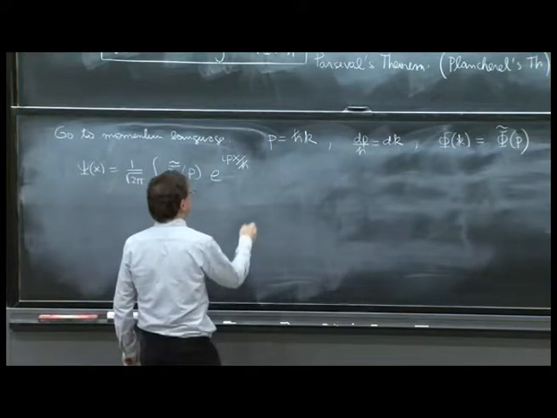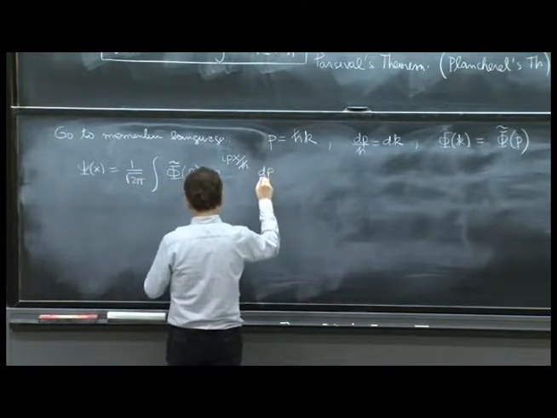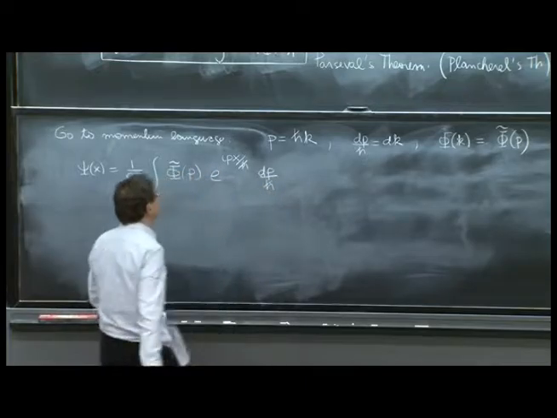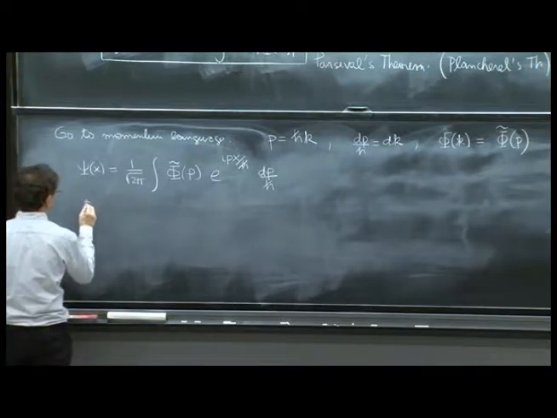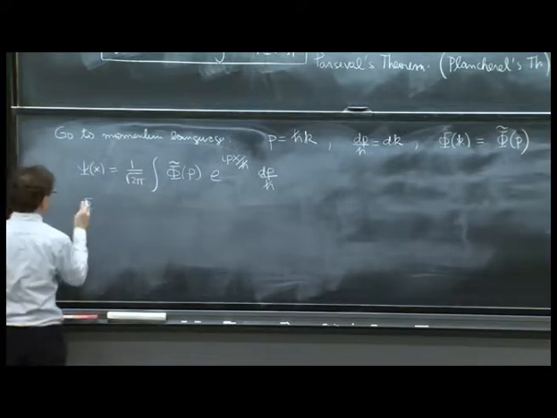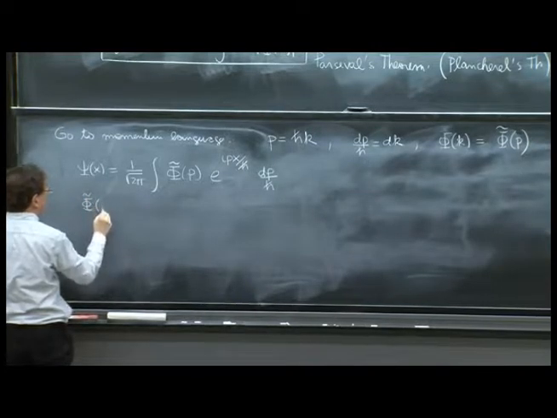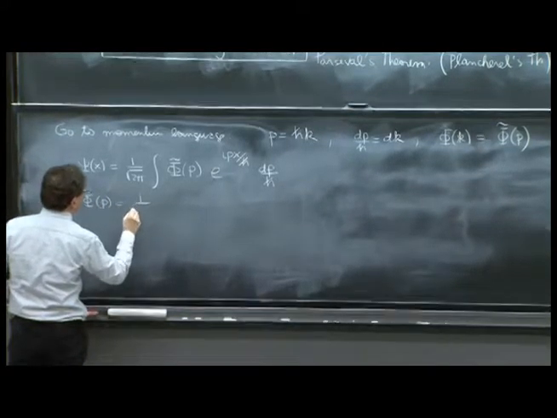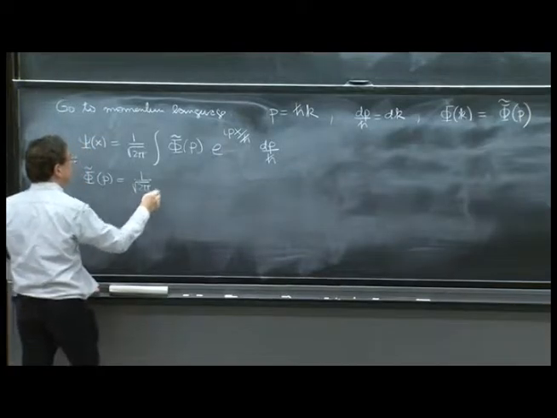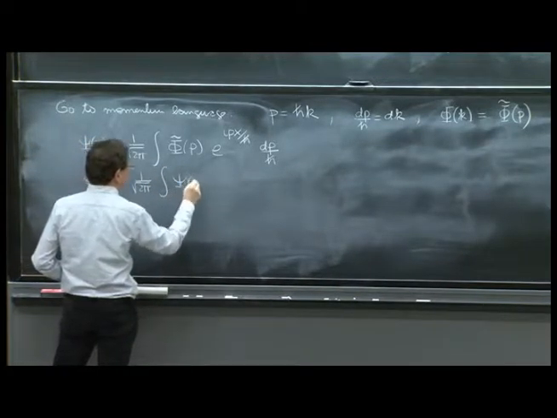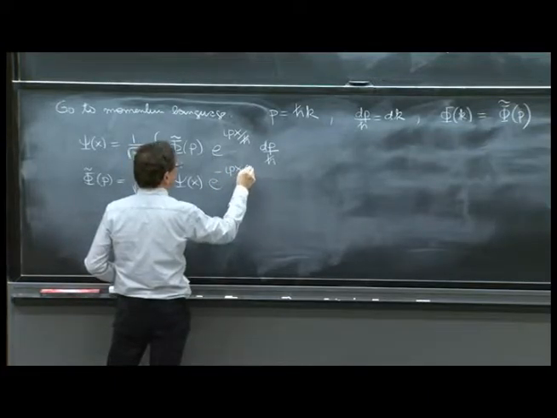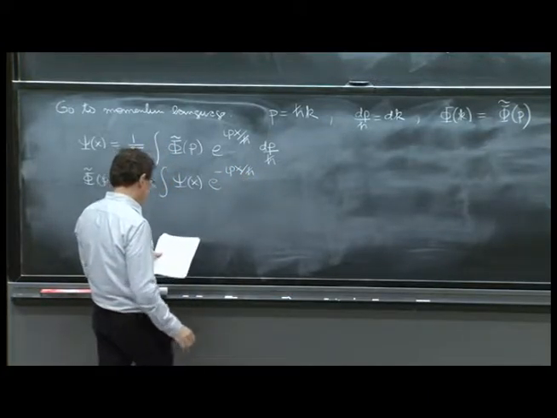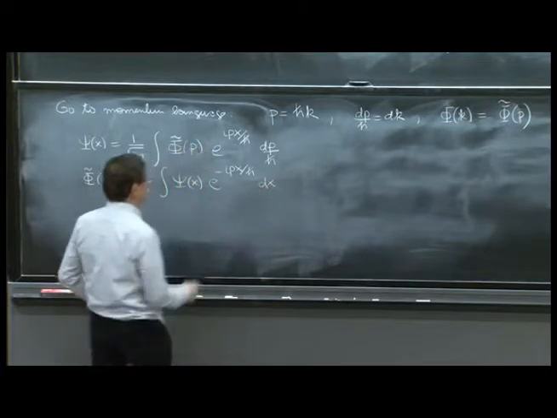And dk is equal to dp over h bar. Similarly, for the second equation, instead of phi of k, you would put phi tilde of p, 1 over square root of 2 pi, integral psi of x, e to the minus ipx over h bar, and that integral doesn't change much, dx.